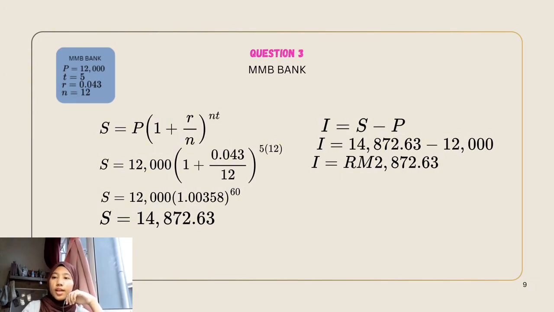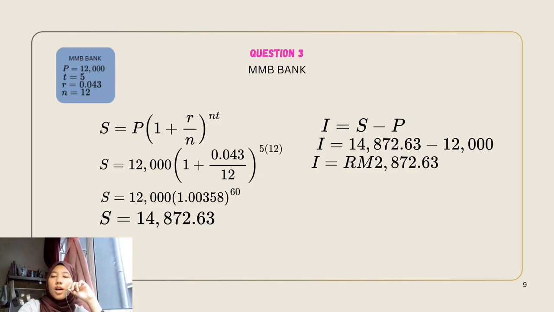We also do it like that, just put out the information. P is 12,000 as the question says, T is 5 years, R is 4.3% which we change to a rate, and N is compounded monthly. Compounded monthly is 12. Then we put the information into the formula, and we get S as 14,872.63 Malaysian ringgit.